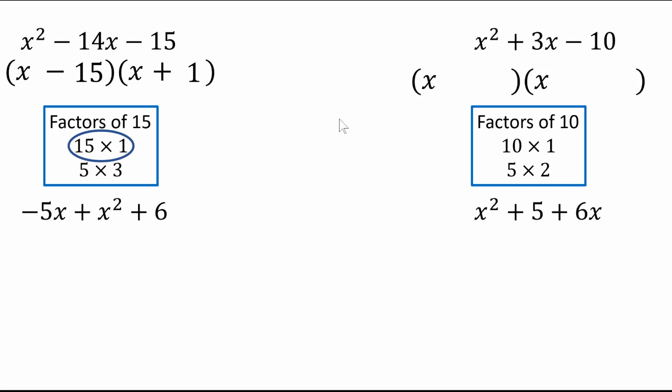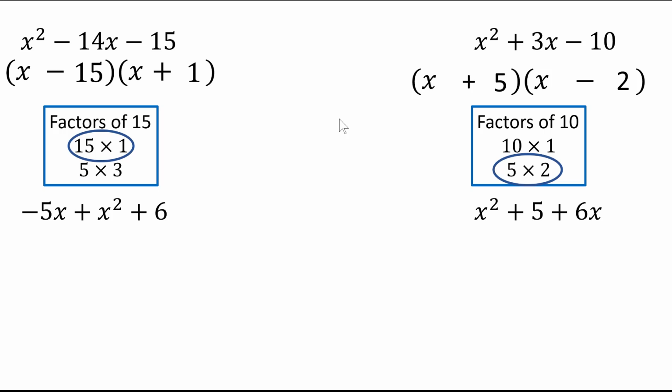But with the 5 and the 2, you can get 3 with those two numbers. You want a positive 3 because that's the coefficient on x in your trinomial. And so you want a positive 5 and a negative 2 because 5 plus negative 2 gives you positive 3, and that's what you want.